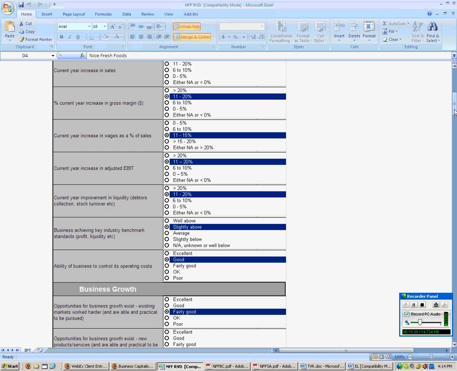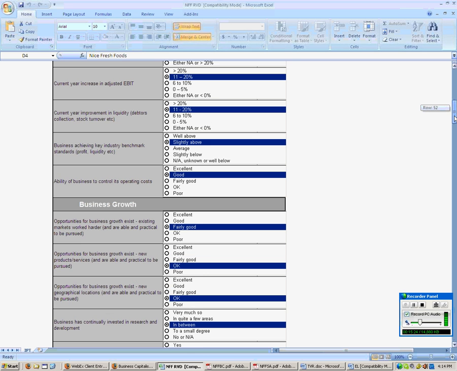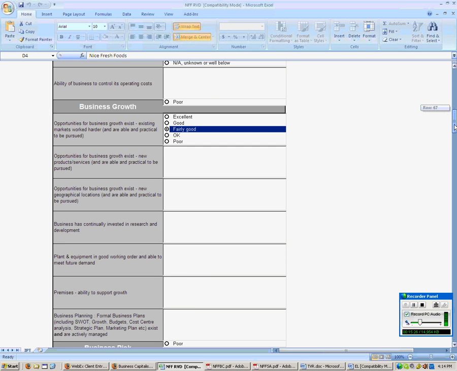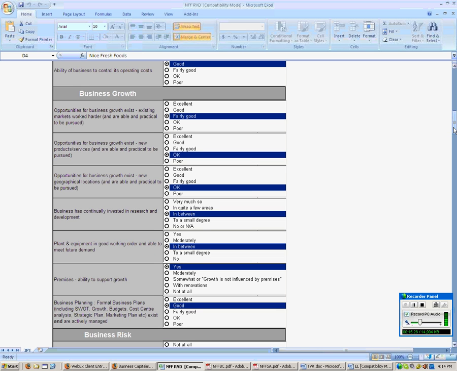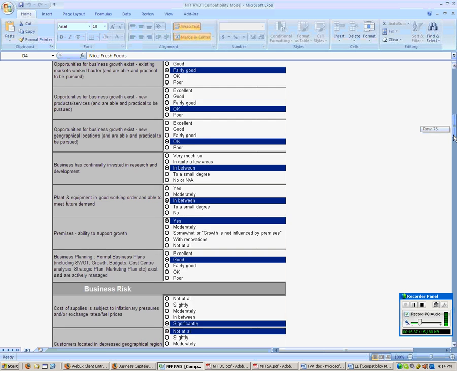The assessment also looks at value drivers relating to business growth, and are there opportunities for new products, new geographical locations? Has the business invested in R&D? Is the plant and equipment in good working order? Can the premises support business growth?